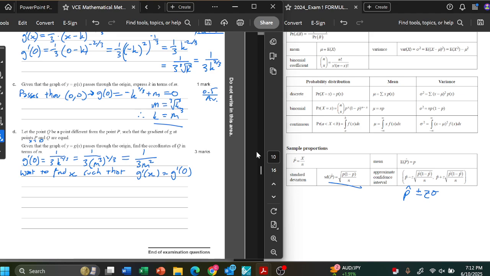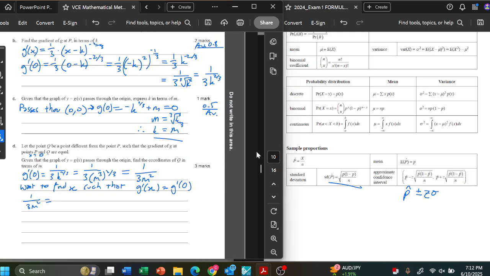So therefore, we're going to consider when this constant, 1 over 3m squared, needs to be equal to the gradient function, which we found back in part B just here. So that is 1/3 times x minus k. I'm not going to write k, I'm going to write m cubed to the power of -2 over 3. I'm just getting that from part B.